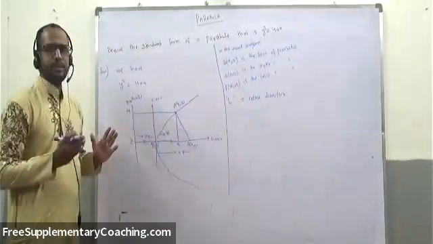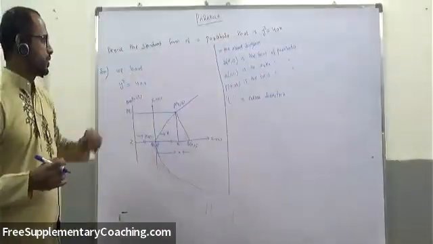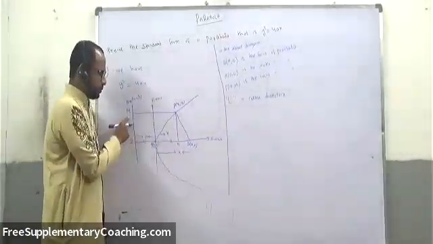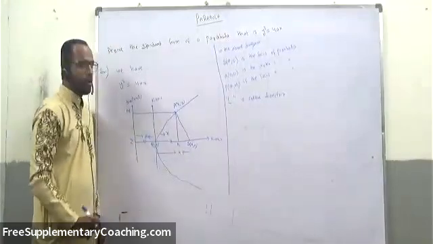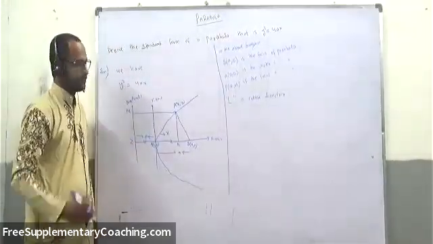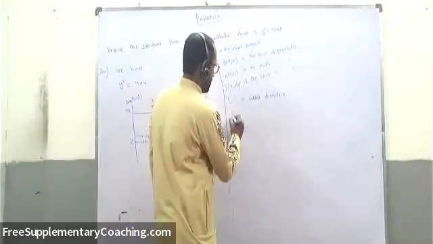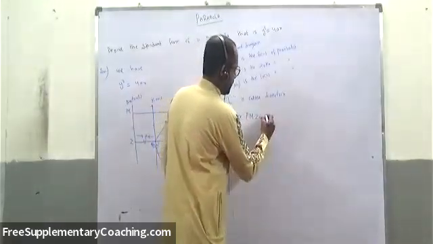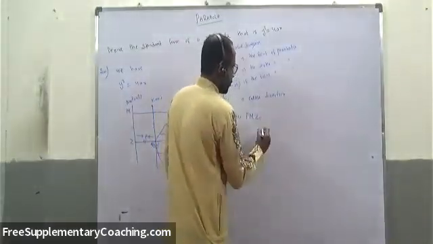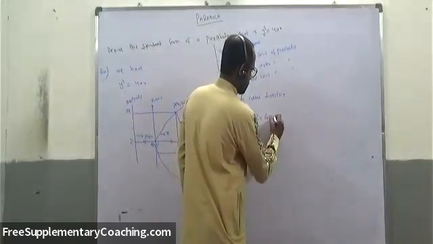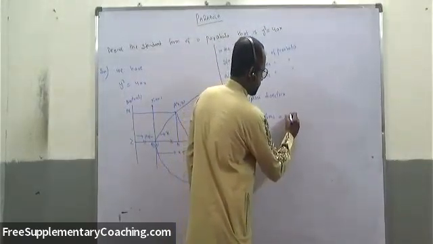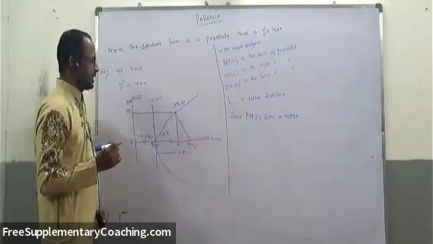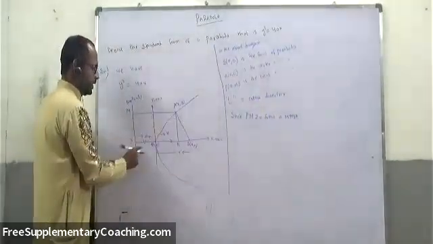Now coming to the problematic part of this derivation, look at here in the diagram. PMZN forms a rectangle. Since PMZN forms a rectangle, we know that in a rectangle, opposite sides are equal.